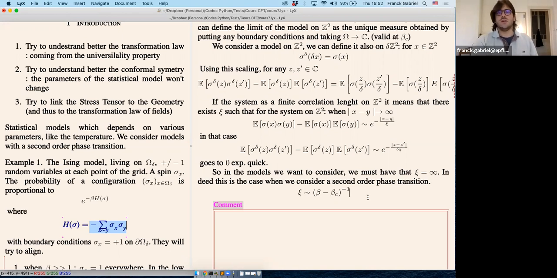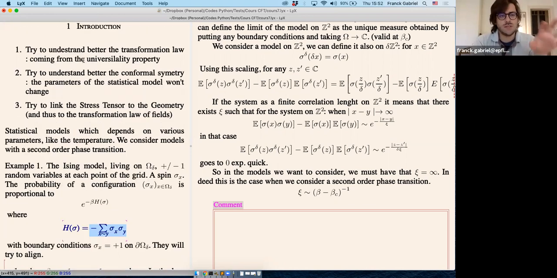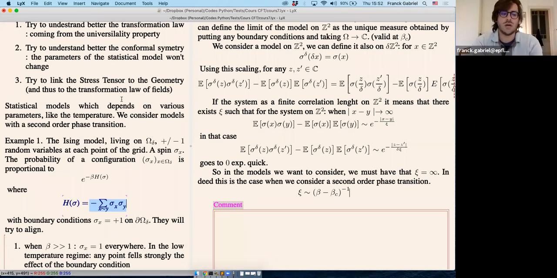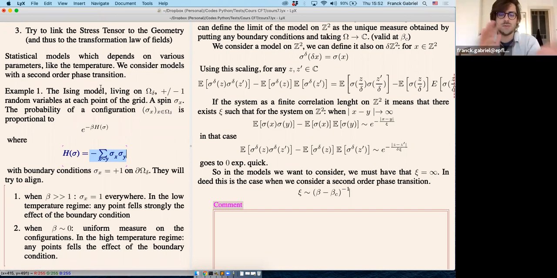Okay. So to wrap up this part, what we want to do now is to understand better the axioms of conformal field theory using the statistical models. We have seen that the statistical models which are interesting for us are the ones which have a phase transition which is second order. We gave an example, which is the Ising model with minus and plus one random variables, where the Hamiltonian is such that the spins try to align, but there is a parameter beta which controls how important it is to minimize the energy.